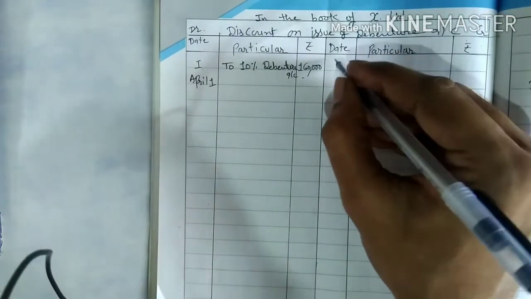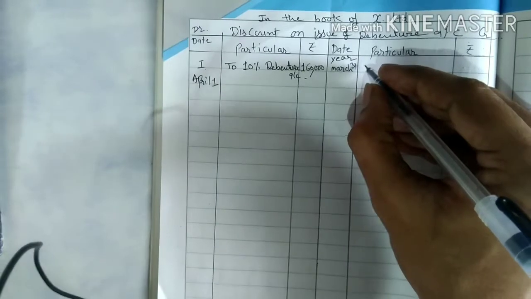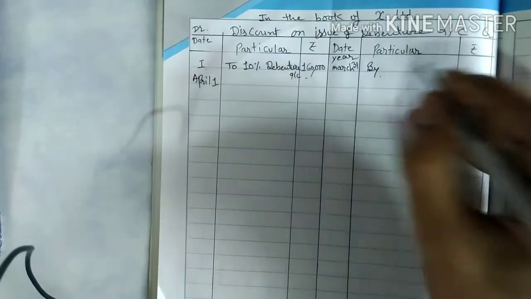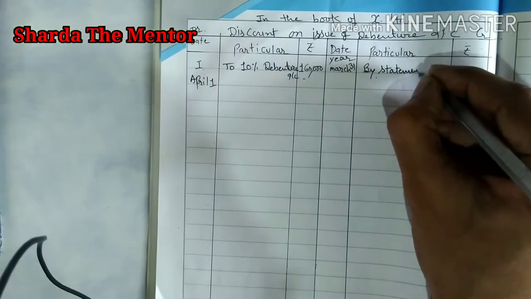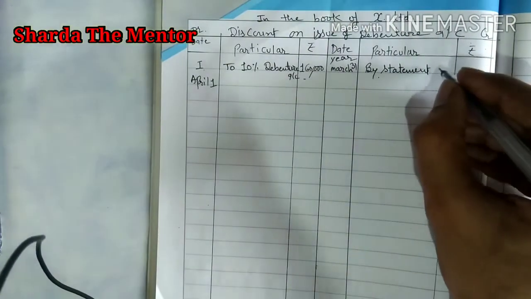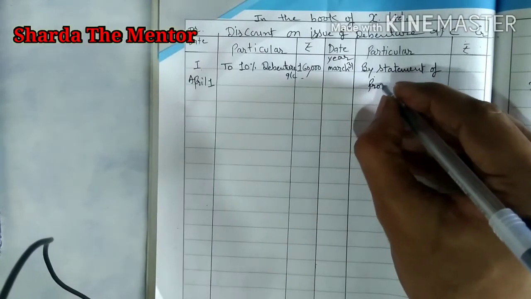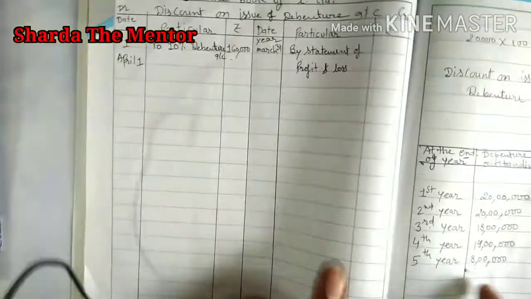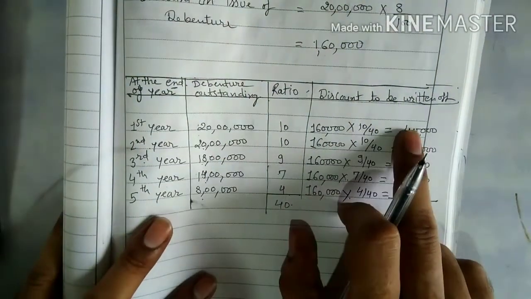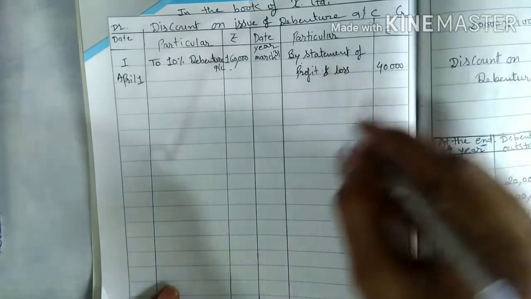Now in the first year, as you remember in the question, on 31st March, at the end of the first year, by statement of P&L, you have to write off, and we have already calculated that amount. In the working note we have calculated that we have to write off 40,000.